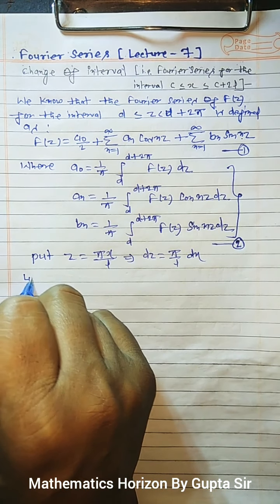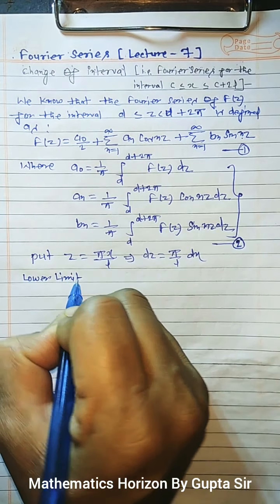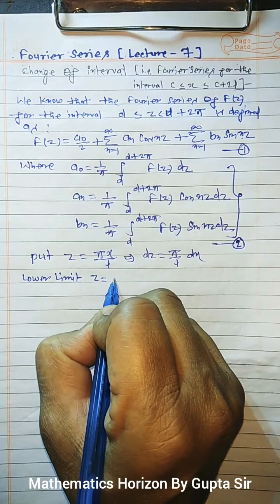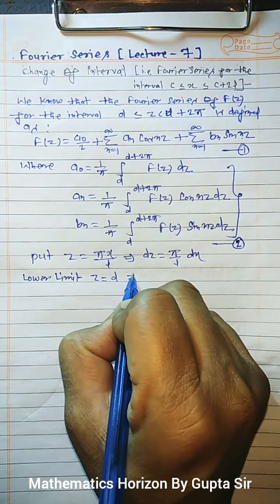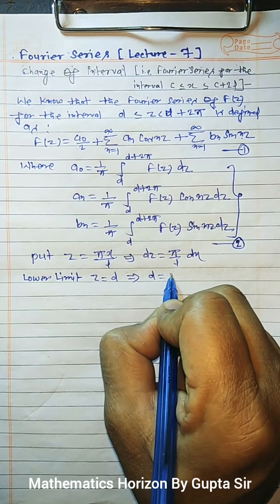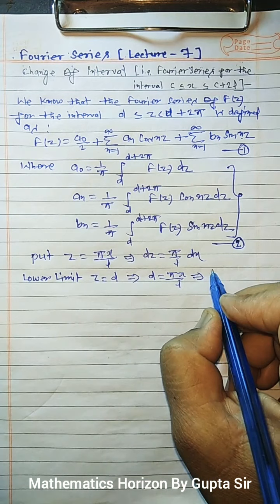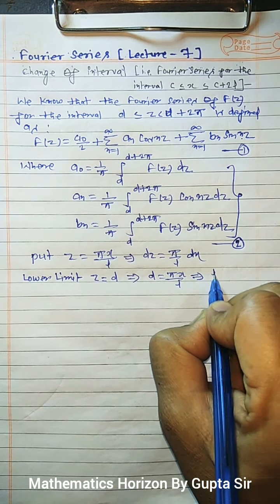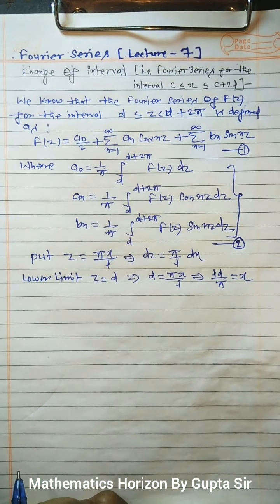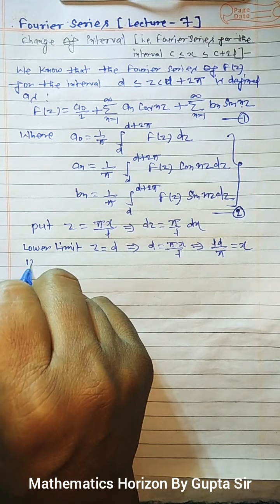Here the lower limit is z equal to d. When z equal to d, d is equal to pi x upon L, that is, Ld upon pi is equal to x. And what about the upper limit?